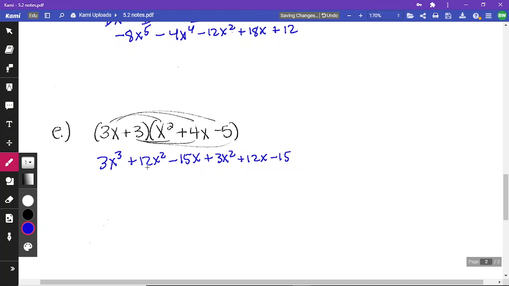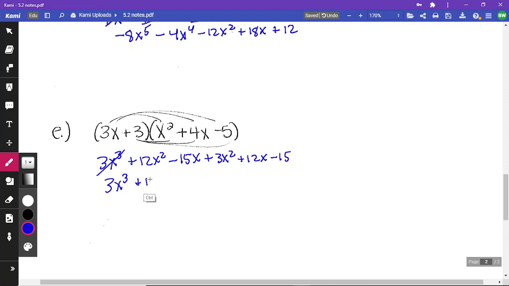So we do have some like terms to combine here, right? We look at the largest exponent again, and it's right here, this x cubed. So that's the term that goes first, 3x cubed. There are no other x cubes to combine that with. The 12x squared we have now, but we also have plus 3x squared, so we combine those.